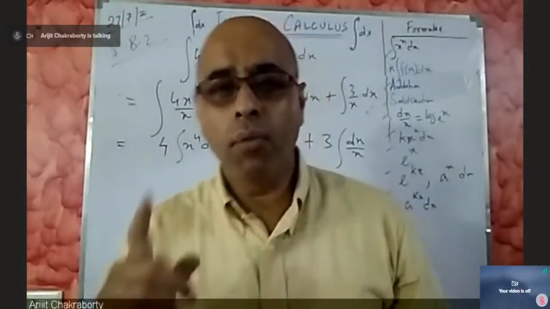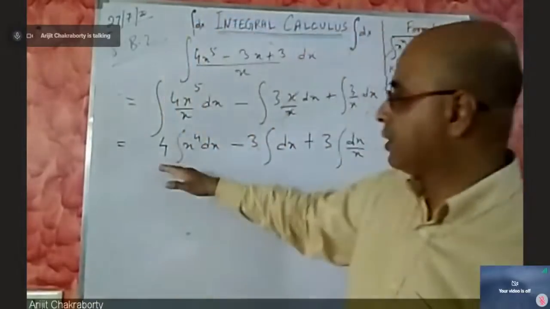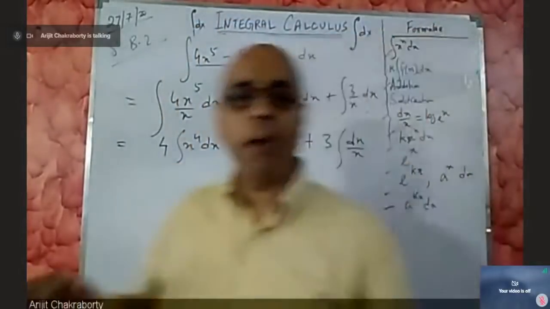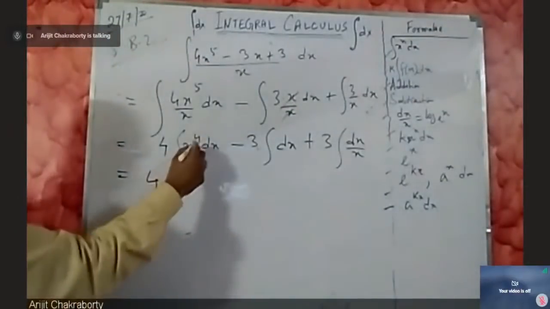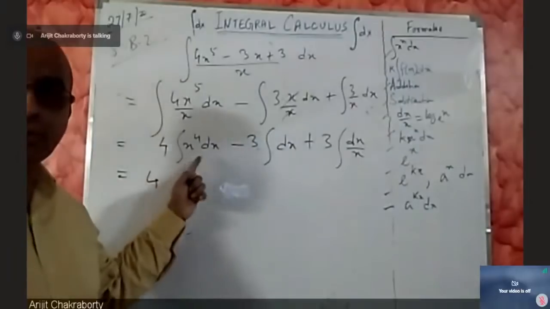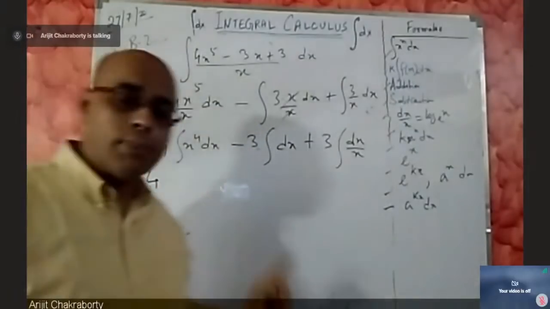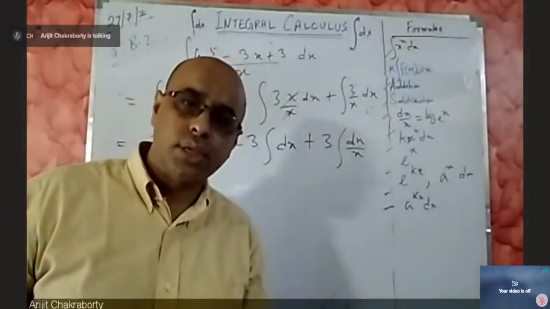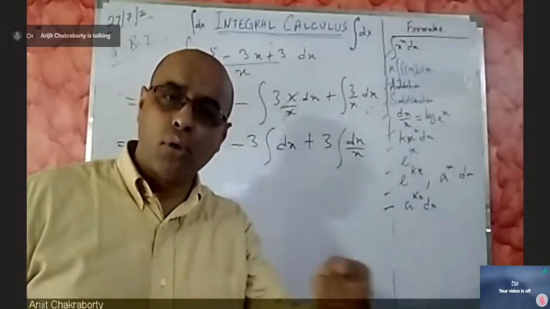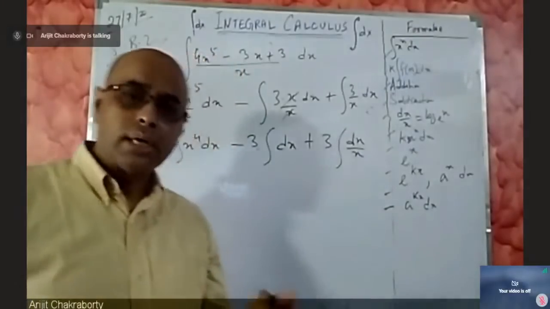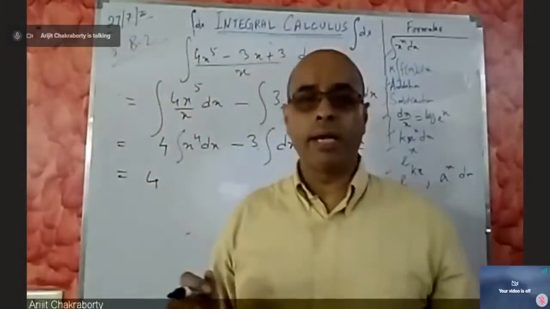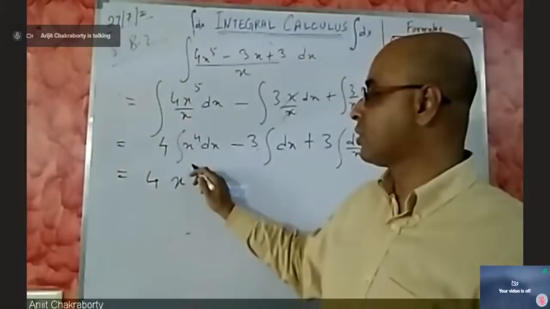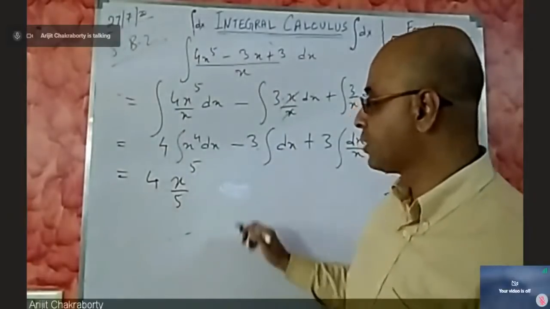Now we directly apply the power formula and see what happens. 4 comes out, x to the power 4 dx. Here n is 4, so the formula is x to the power n plus 1 divided by n plus 1, so I can write x to the power 5 by 5.